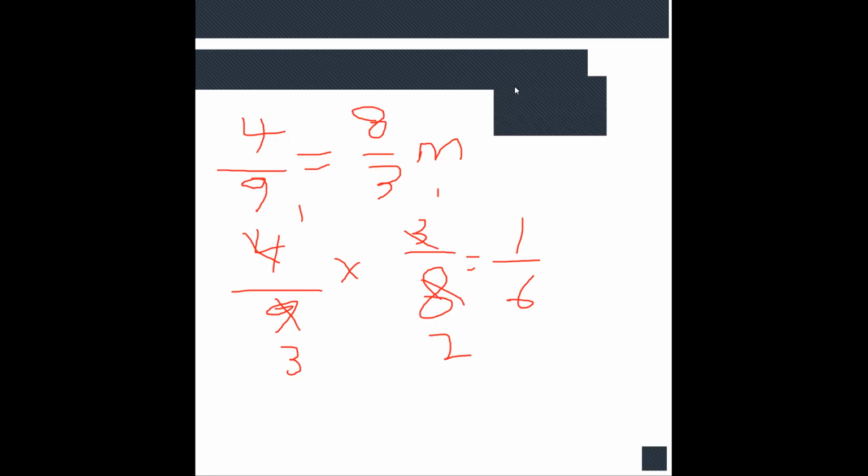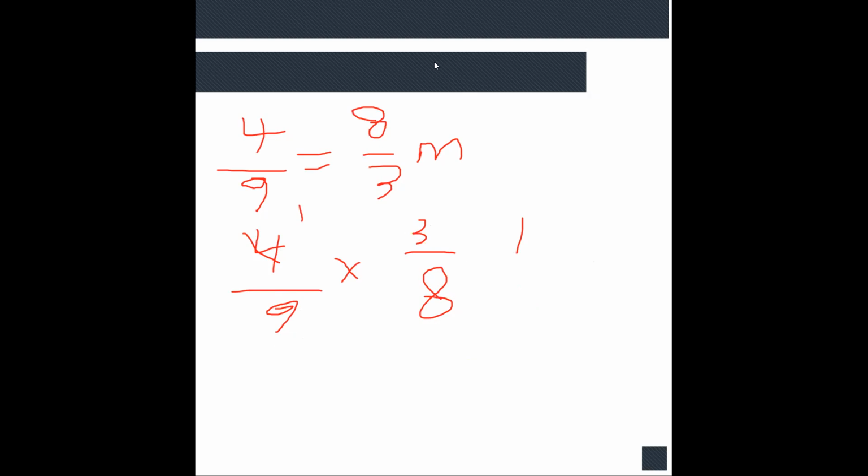You could also scale this one up here, the 8/3. Say 4/9 is equal to, and you're like, okay, this is over 3.